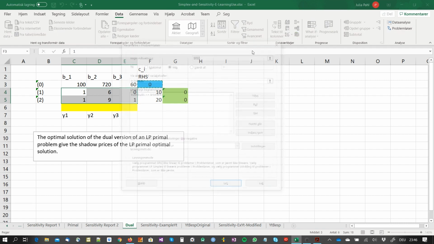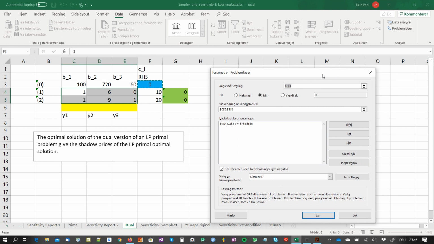So let's look at the solver. Here, just shortly, we defined the problem with the objective function value that this time we minimize. We have given the changing cell variables in yellow.